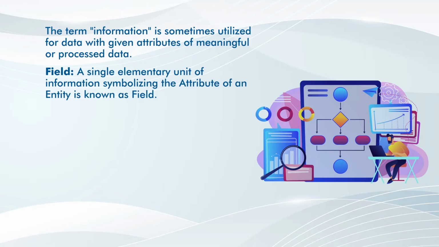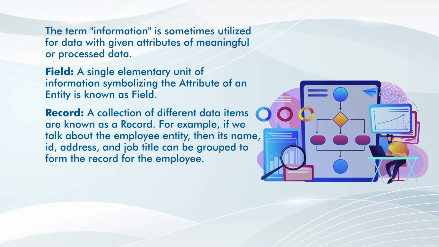Field. What is a field? A single elementary unit of information symbolizing the attribute of an entity is known as a field. Record. What is a record? A collection of different data items is known as a record. For example, if we talk about the employee entity, then its name, ID, address and job title can be grouped to form the record for the employee.